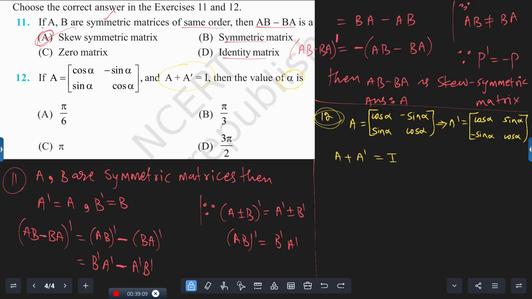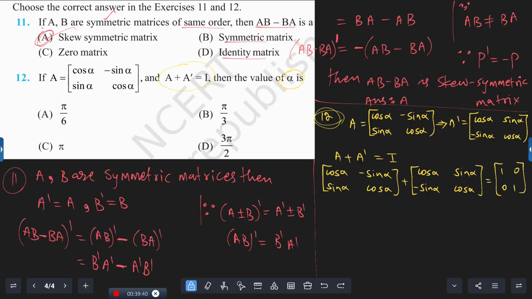Means when you add, you will get the identity matrix. So write the A value as it is: cos alpha, sin alpha, minus sin alpha, cos alpha, plus A dash, that is A transpose, cos alpha, sin alpha, minus sin alpha, cos alpha, equal to I. I means 1, 0, 0, 1.